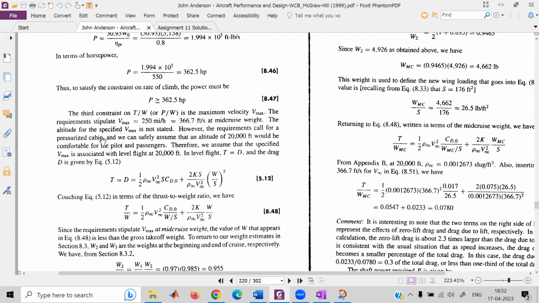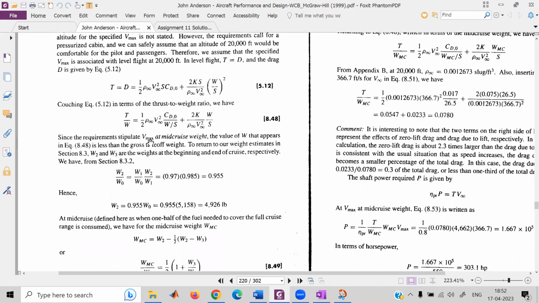So since the requirements stipulate we max at mid cruise weight, the value of W that appears in equation 8.48 is less than the gross takeoff weight. So first we want to compute that mid cruise weight.